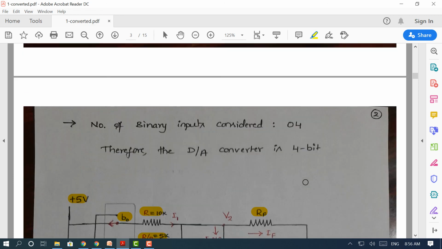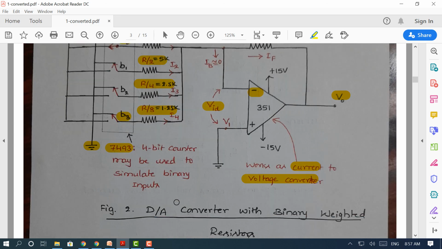The number of binary inputs that we have assumed here is 4, because it's a 4-bit binary weighted resistor type digital to analog converter. That's why it can be called a 4-bit D to A converter.